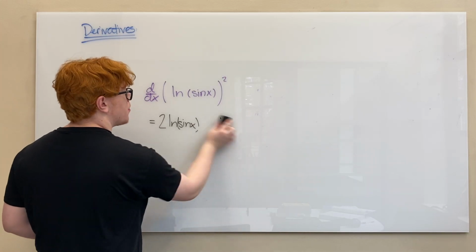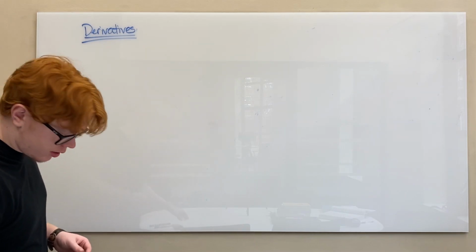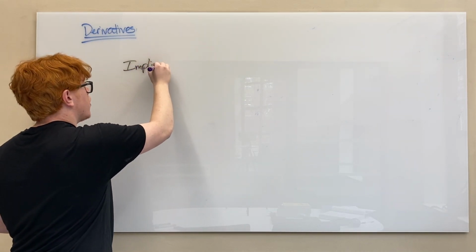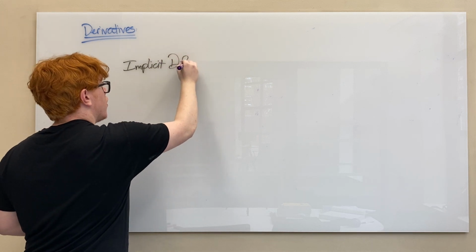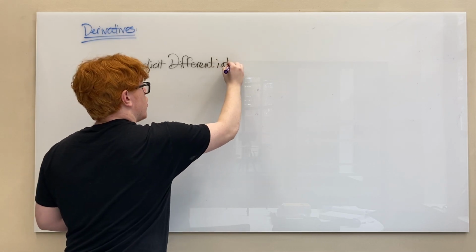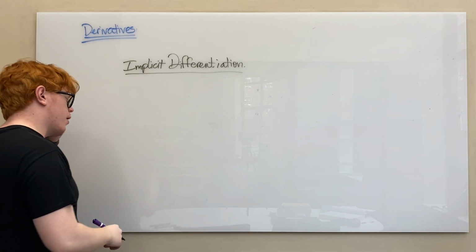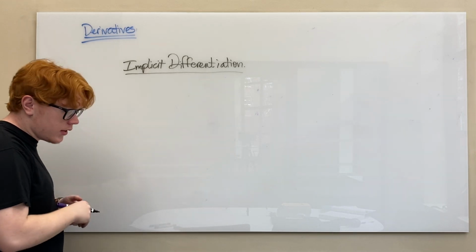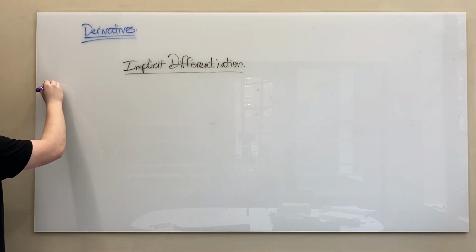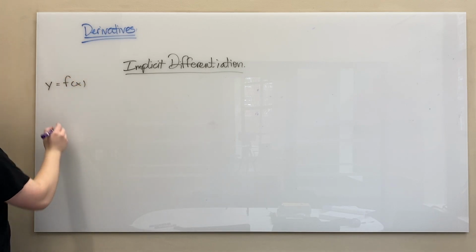And with that, I'm just going to briefly mention something called implicit differentiation. So this is what we've been doing: we've been saying, okay, we have a function y is equal to some function of x.